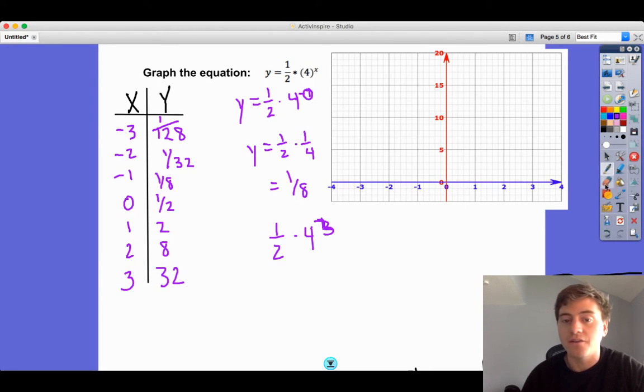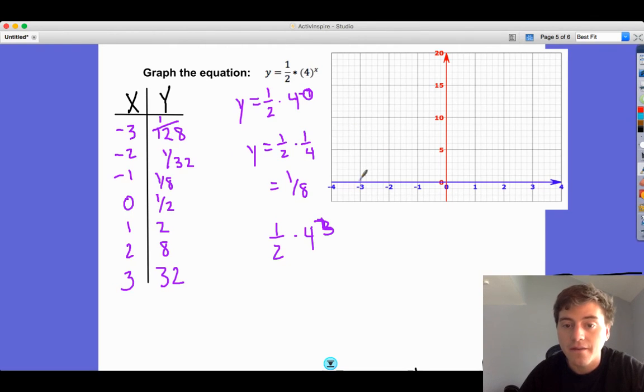So let's plot those. -3, 1/128th. That is a tiny, tiny number. Let's just guess it, kind of down there. We're not even going to notice a difference on this because they're so small. 1/8, similar. And then we know the y-intercept is 1/2. We knew that from the beginning.